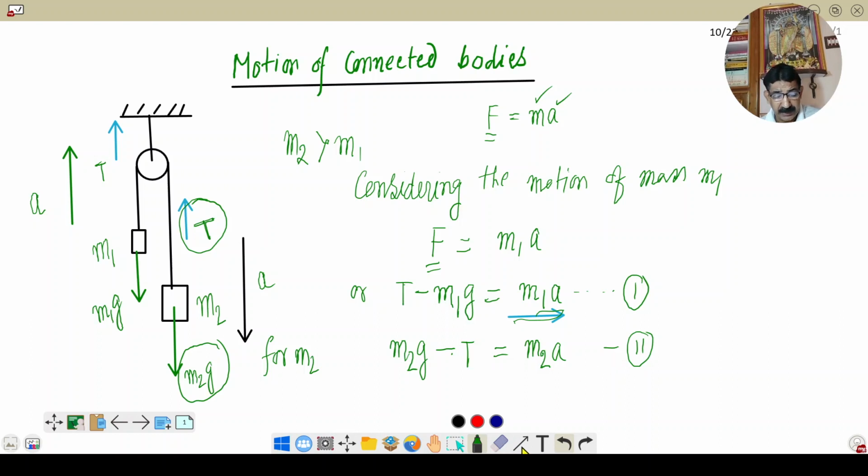Now, if we add these two equations, T minus T will be cancelled.